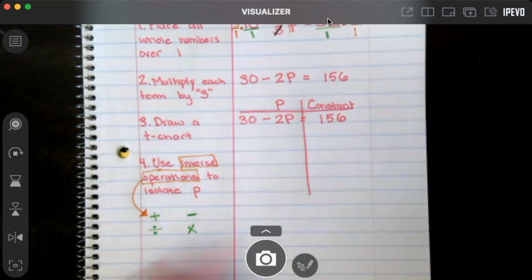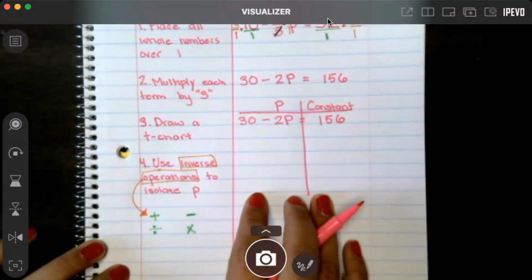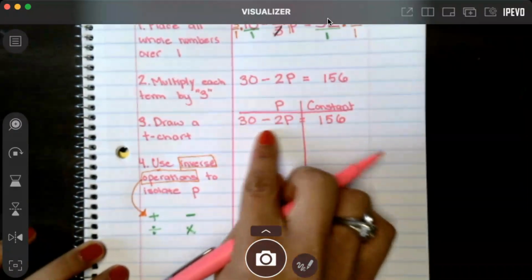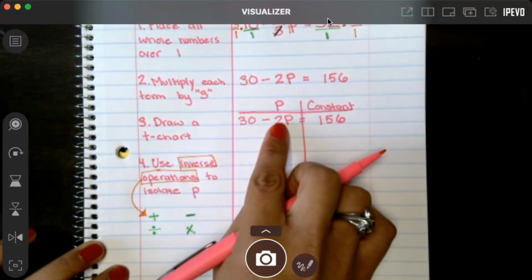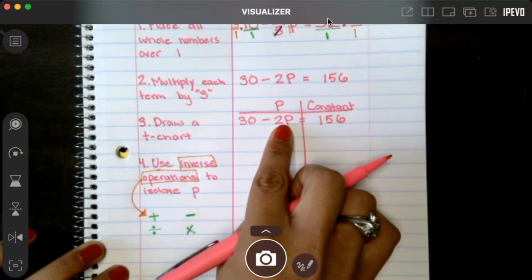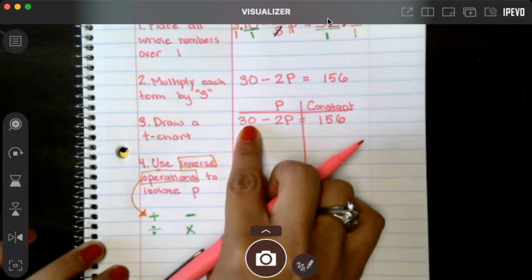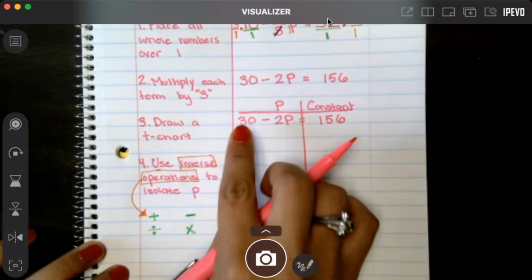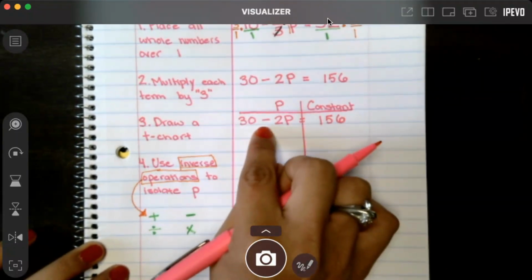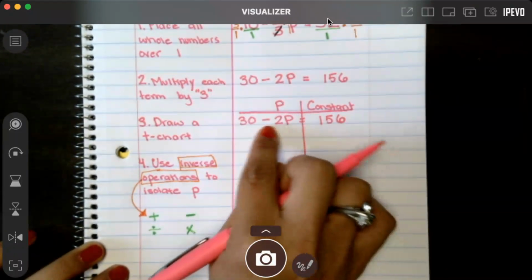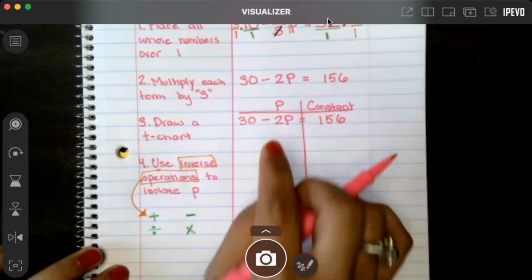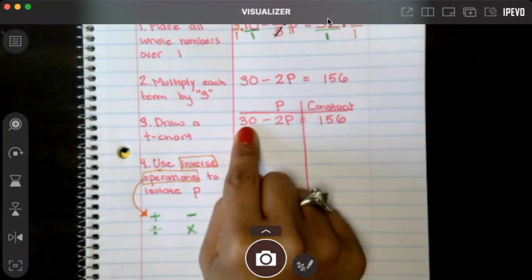So now let's look at our equation here. What is keeping p from being by itself? Well, on this side of the equation, there's a -2 connected to that p, and there's a 30. We're always going to deal with this one first. We're going to leave the value that's attached to the variable till the very end. So positive 30, that's a constant.